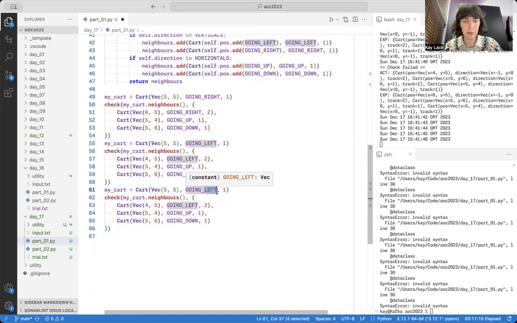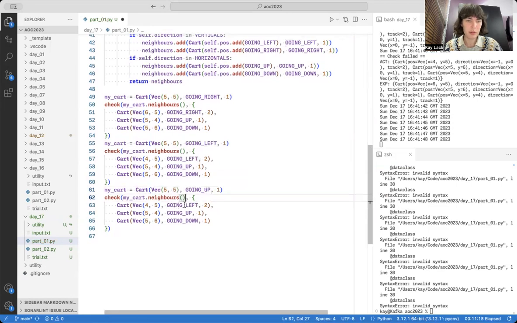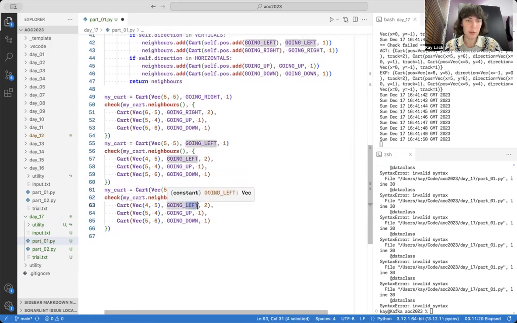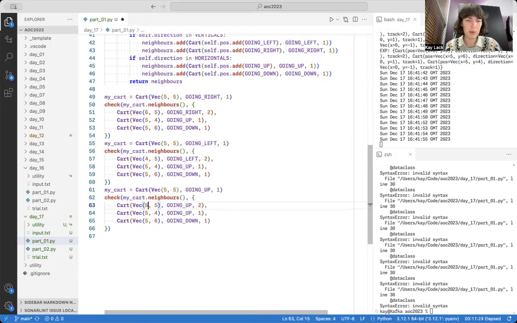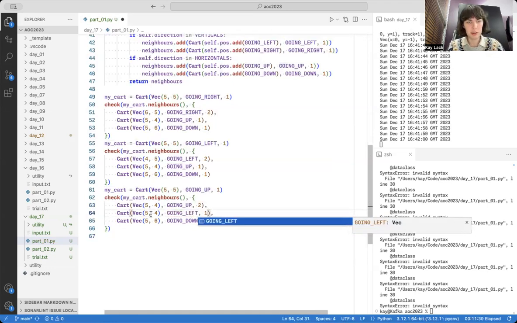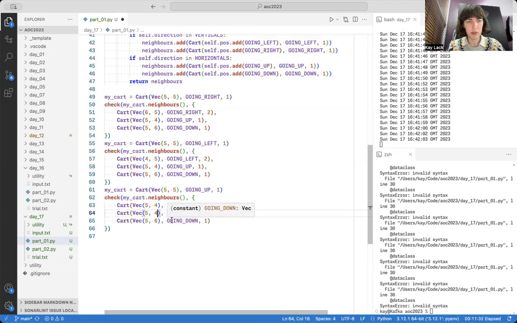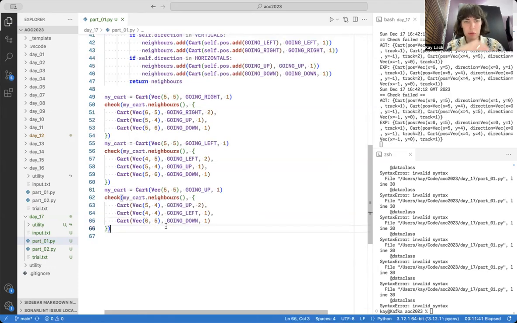Now if we're going up, we can keep going up, which means we go to 4. We can go left, which we know is 4, 5. Or we can go right, which we know is 6, 5. That's wrong.